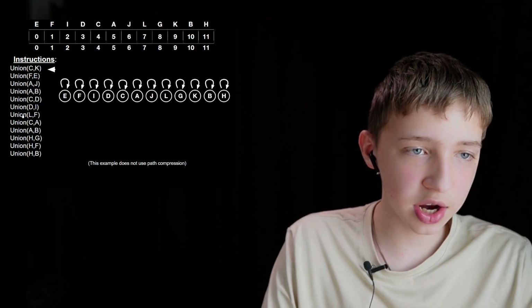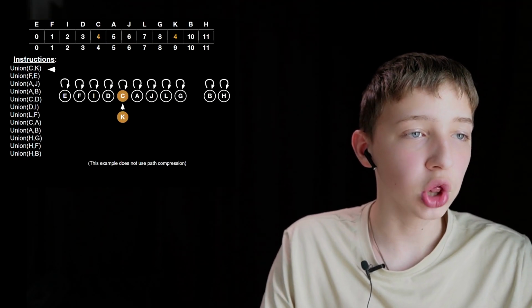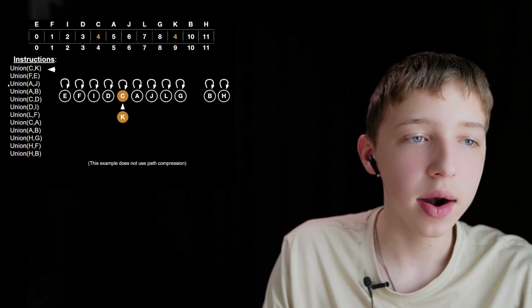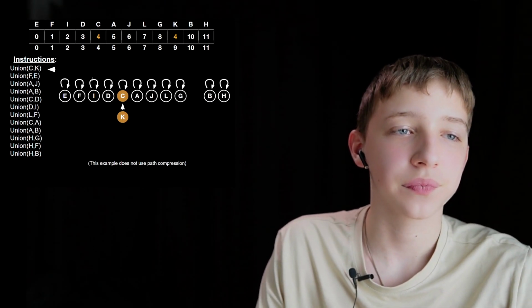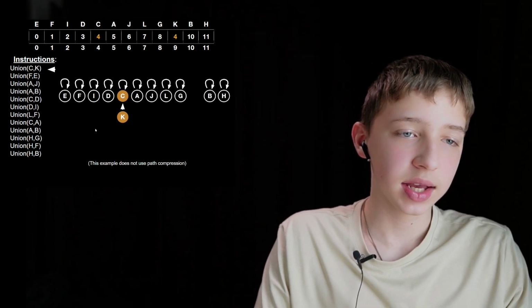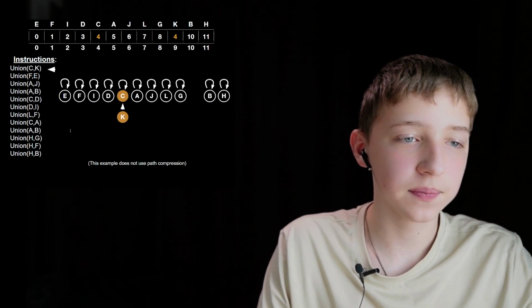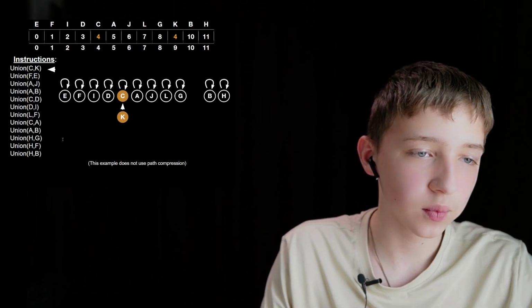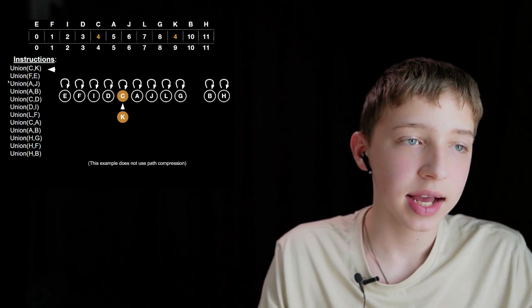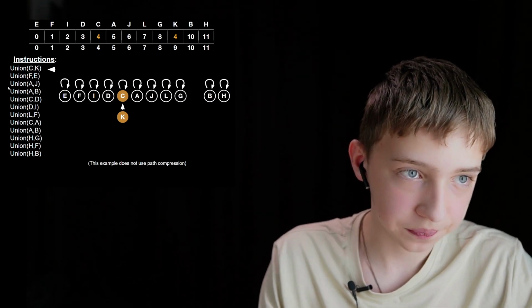Here we want to merge the smaller group into the larger group. So we are changing values. We want to unify C and K, so we choose K's parent to be C. Now K's parent is C.